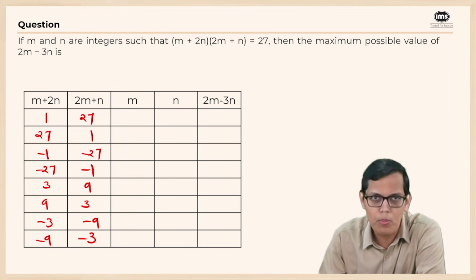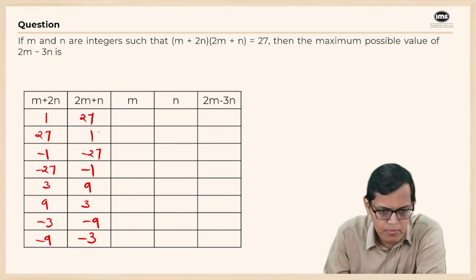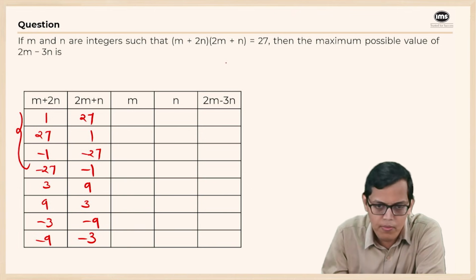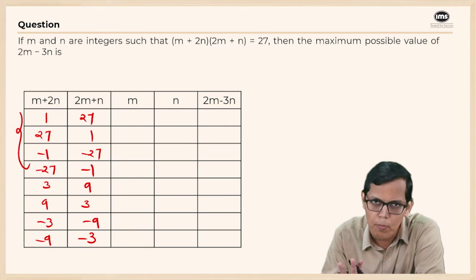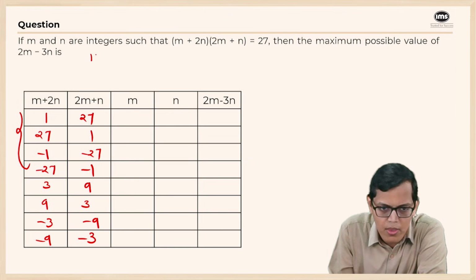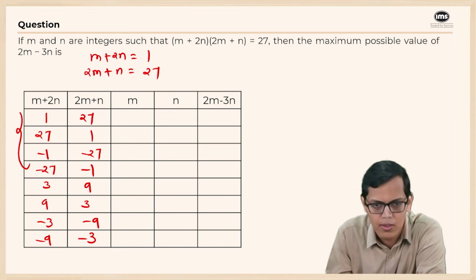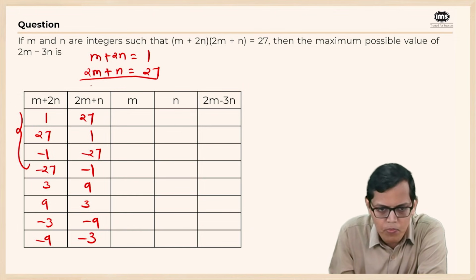But then let's use some common sense. For the first 4 here, the ones made of 1 and 27, we can actually rule them out by simply observing one particular situation. That is, when you have m plus 2n, let's say 1, and 2m plus n, let's say 27, I'm picking up the first pair. The summation here is 3m plus 3n is equal to 28.